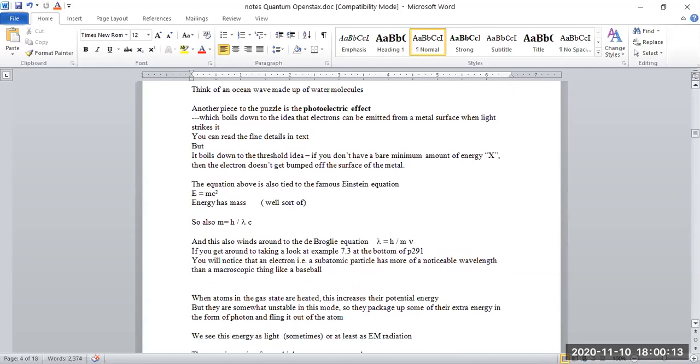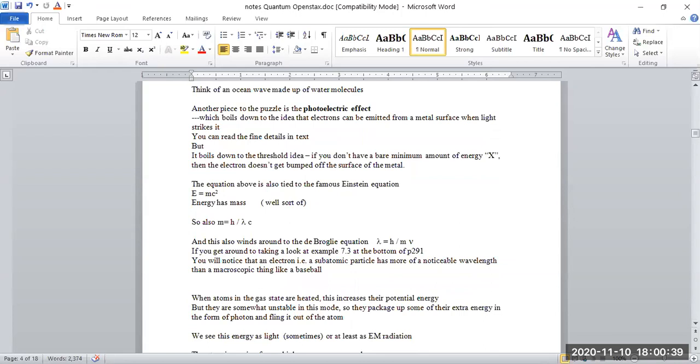Some more variations on a theme. What if you wanted to figure out the wavelength of your particle that has a minute amount of mass? Well, now we're going to pull in Planck's constant again.